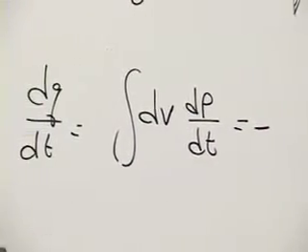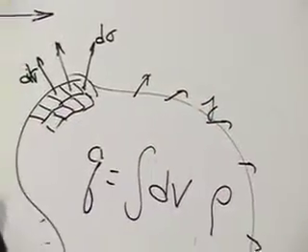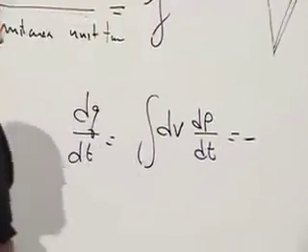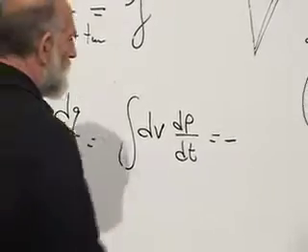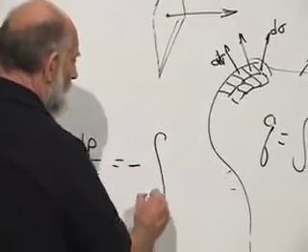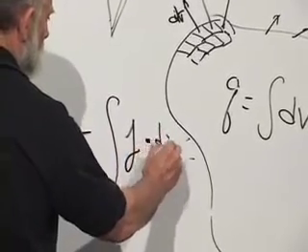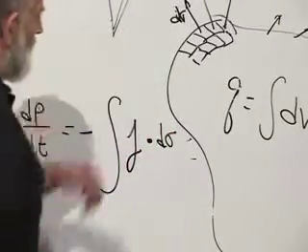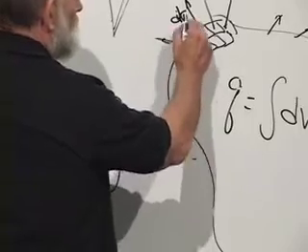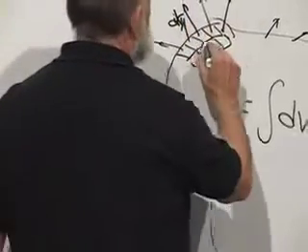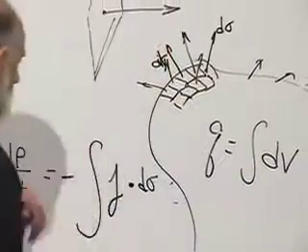And what's the total charge that passes out of this region per unit time? The total charge passing out of the region per unit time is just the integral of the current dotted into the surface element. We just add up all the currents passing through each one of these surface elements. That's the integral here.